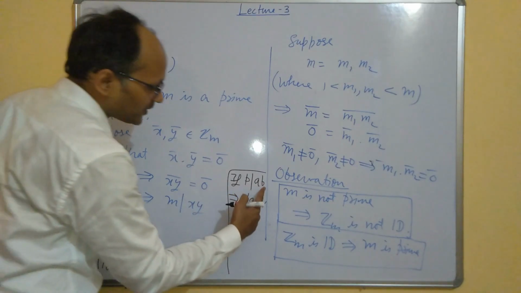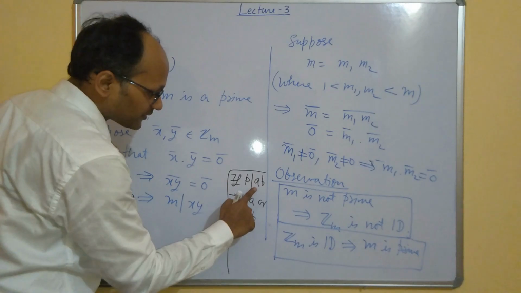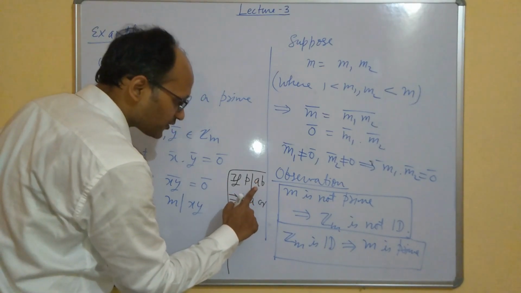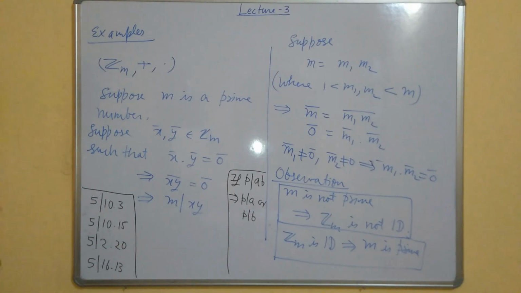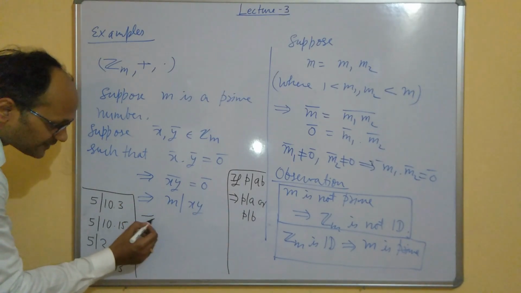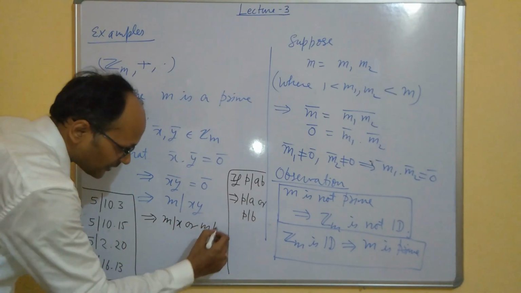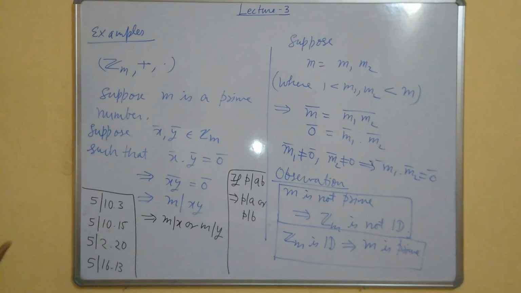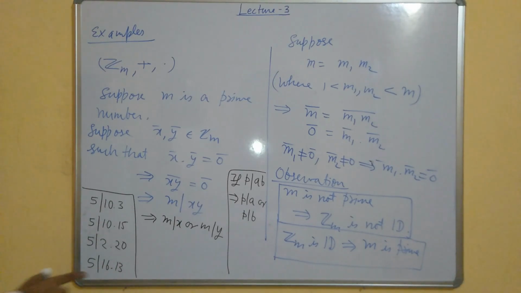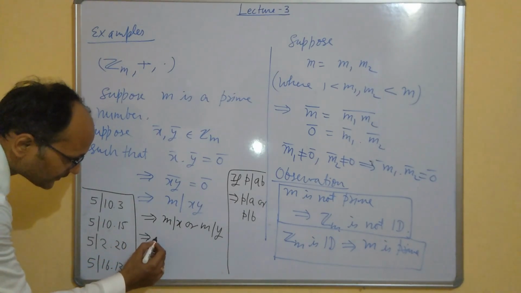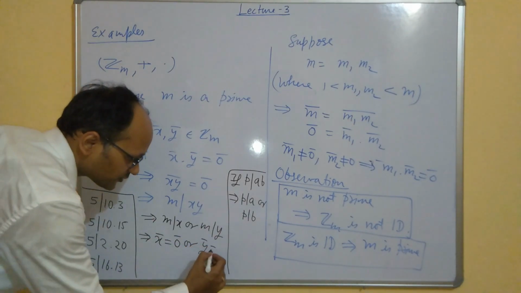So if p divides ab, it means p is present in the prime factorization of ab. So it has to be in the prime factorization of either a or b, or in both. So it means if m divides x into y, then m divides x or m divides y. Here 'or' means inclusive, so either this or both. So it means either x bar is equal to 0 bar or y bar is equal to 0 bar.